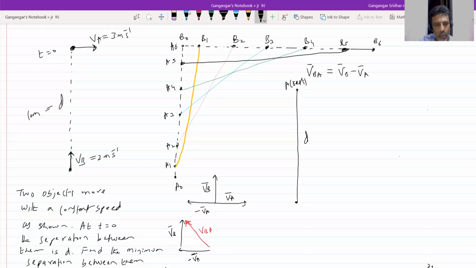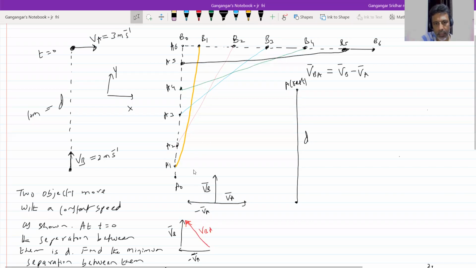Now when B looks at A, how does he feel? When B looks at the ground, he feels he's moving along the Y axis. When A looks at the ground, he feels he's moving along the X axis. When B looks at A, how does he feel he's moving? He feels he's moving somewhere in this direction.